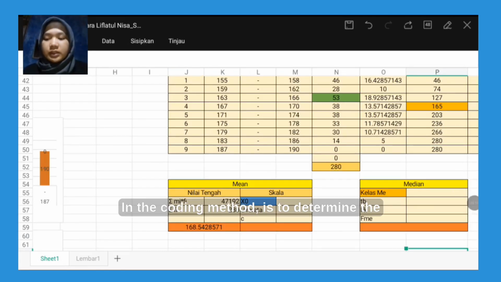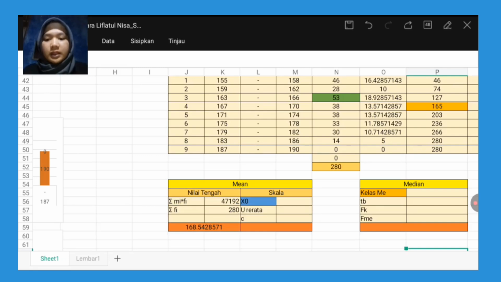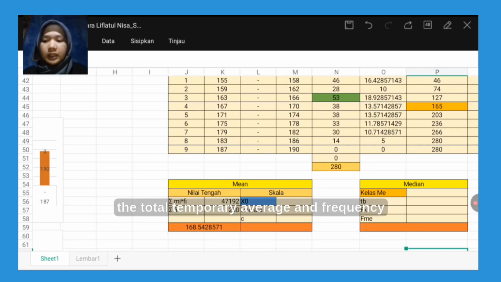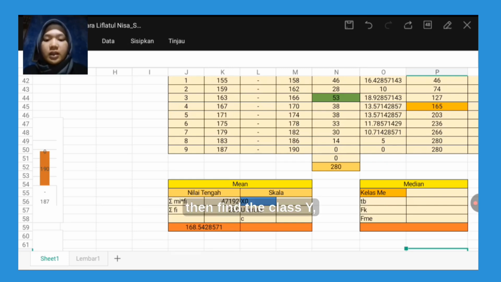In the coding method, determine the middle value that becomes the center, then find the u values by dividing the total of temporary average times frequency by the total frequency, then find the class width, and the last is the formula x0 plus u average multiplied by the class width.